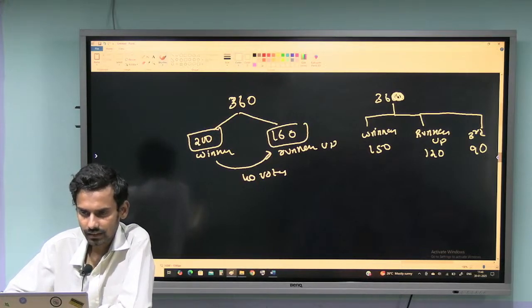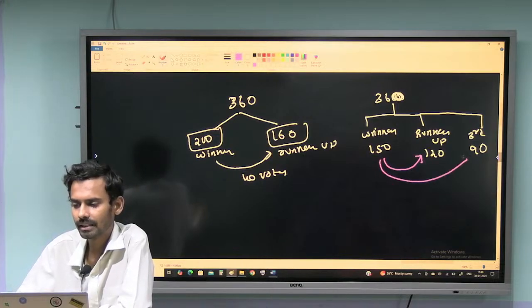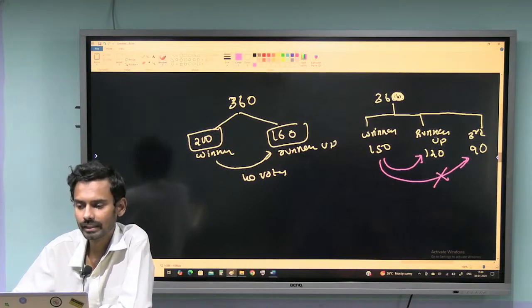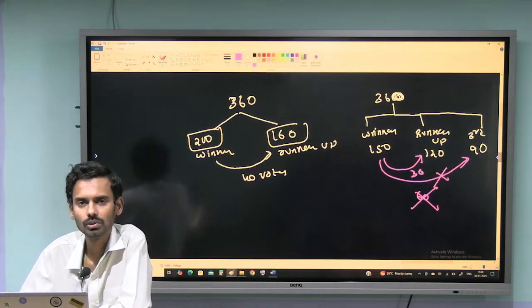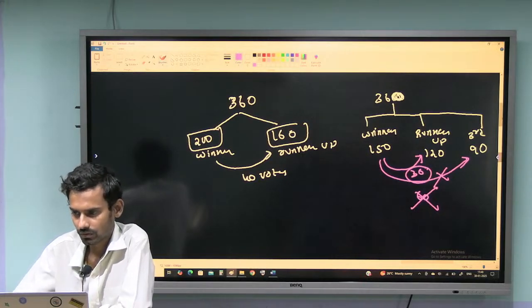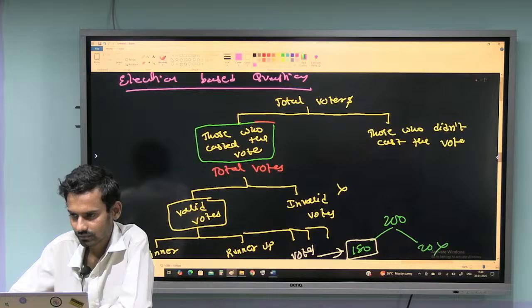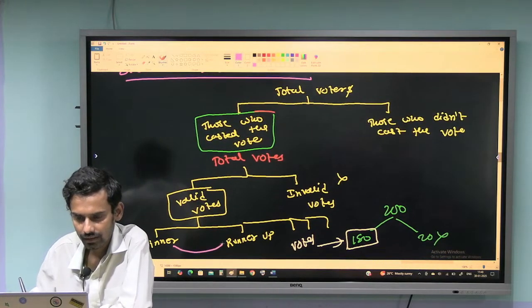The winner always wins with respect to the runner-up and not with respect to the last person. So here the winner is not winning by 60 votes, the winner is winning by 30 votes, and this 30 votes is called the margin of winning. So whatever the difference between the winner and runner-up, this is called the margin of winning.